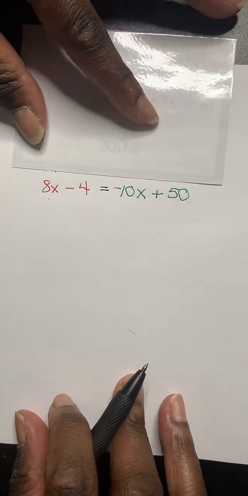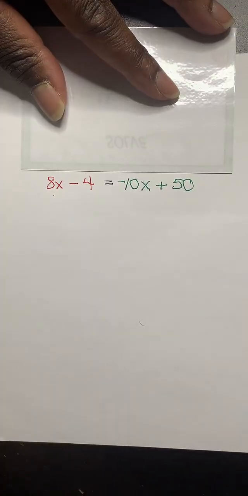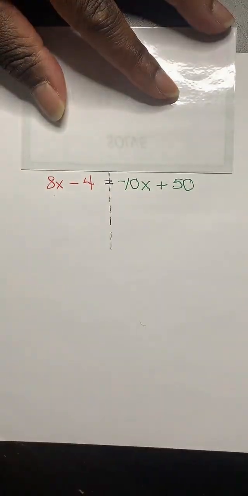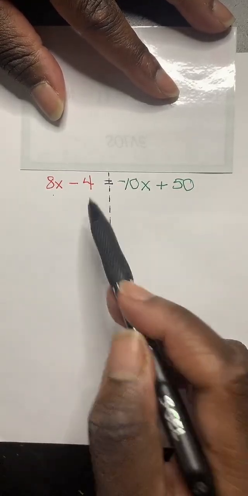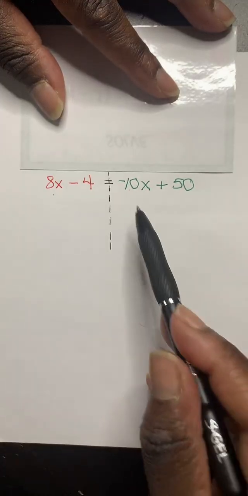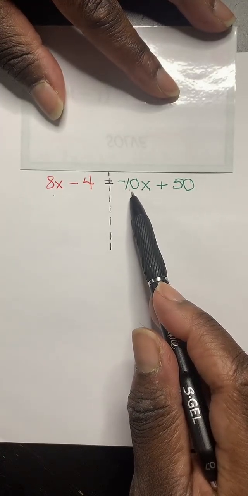So now, cover this up, focus on this. We want to get our x's on one side of this equal sign. So now I want to come over here and bond up with 8x. If I'm that negative and I really want to be positive, I need to change my life, right?